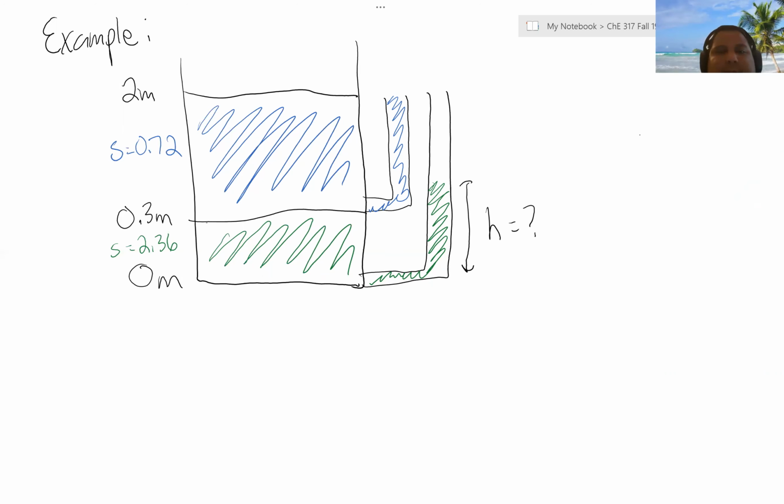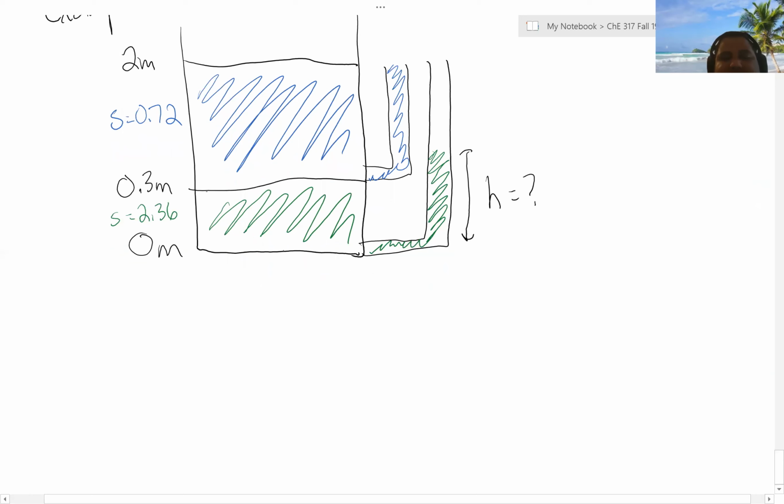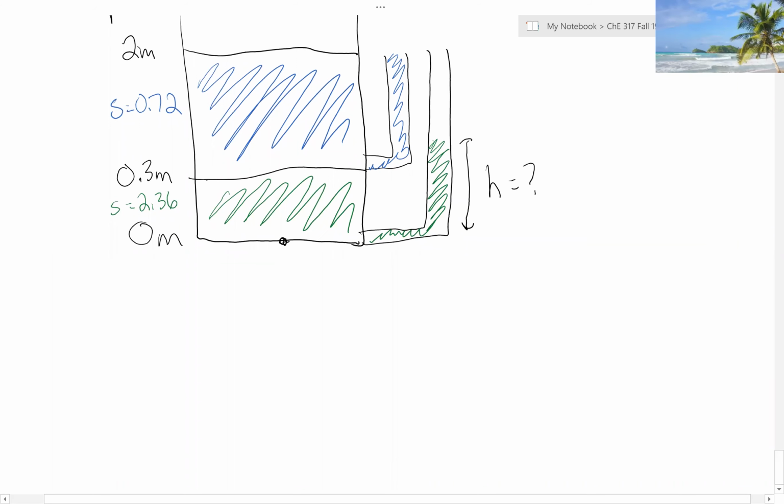Well, one thing we can look at is what's the pressure at the bottom of this tank? Well, the pressure at the bottom of the tank, if this is atmosphere, I can say, well, assuming looking at my gauge pressure, what do you want to call this?